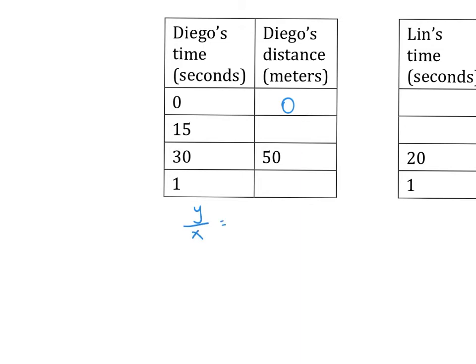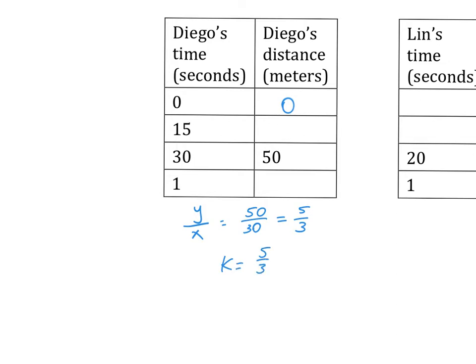So that means I'm going to do 50 over 30. But when I divide that, notice you'll end up with a repeating decimal, and we can't work with repeating decimals. So instead, we're just going to simplify this to 5 over 3. So my constant of proportionality is 5 over 3.